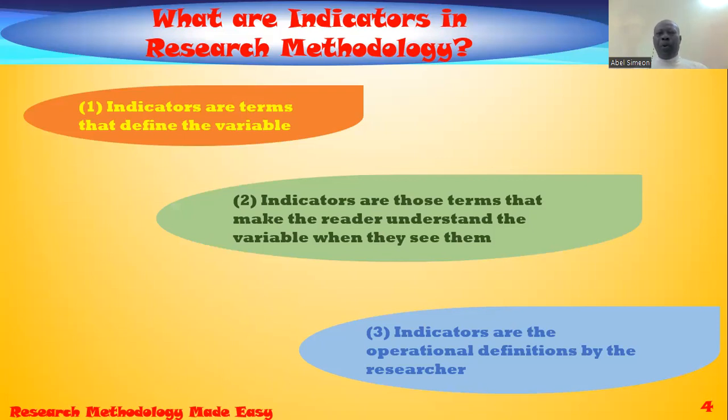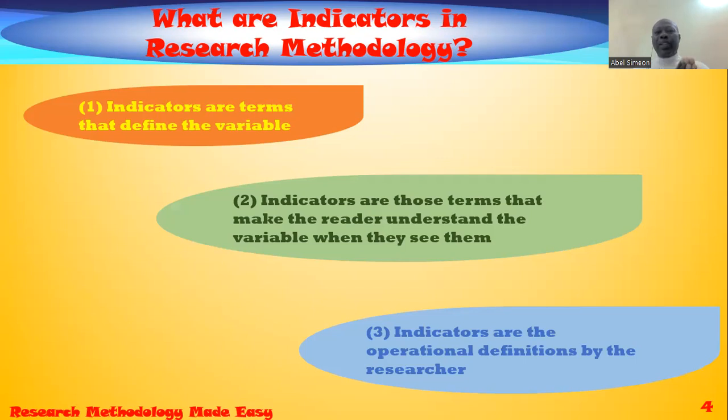The ones for the independent variable are called dimensions, and the ones for the dependent variable are called measures. Once you get your dimensions, the indicators of the dimensions are also defining the dimensions, and these are called the item dimensions.